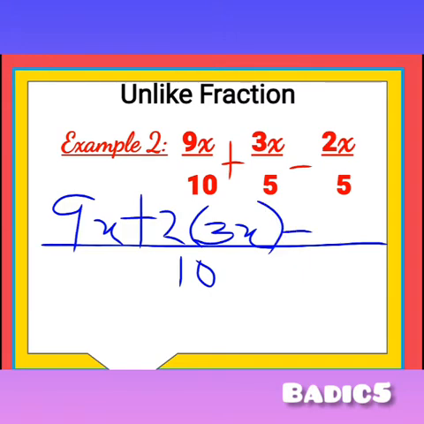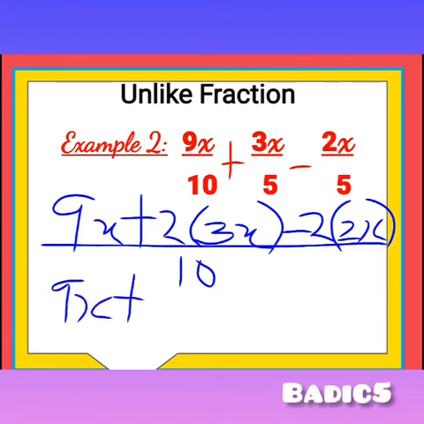And the last fraction now. 5 goes into 10 is still 2. We multiply the 2 by the 2x. Let's simplify. We'll be having 9x. 2 times 3 is 6. Minus 2 times 2 is 4.